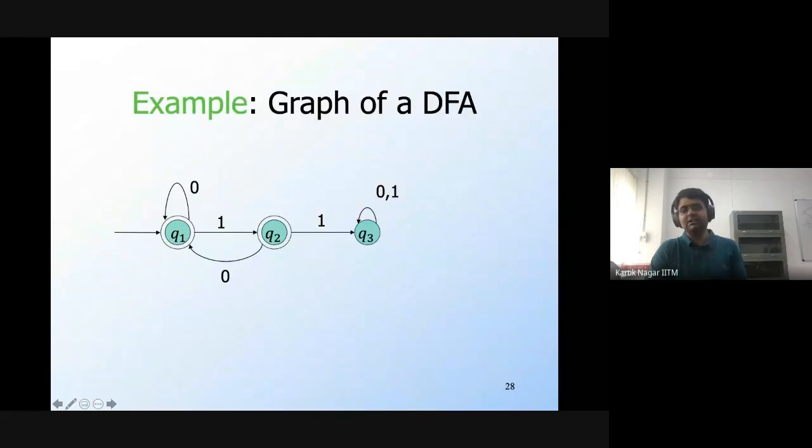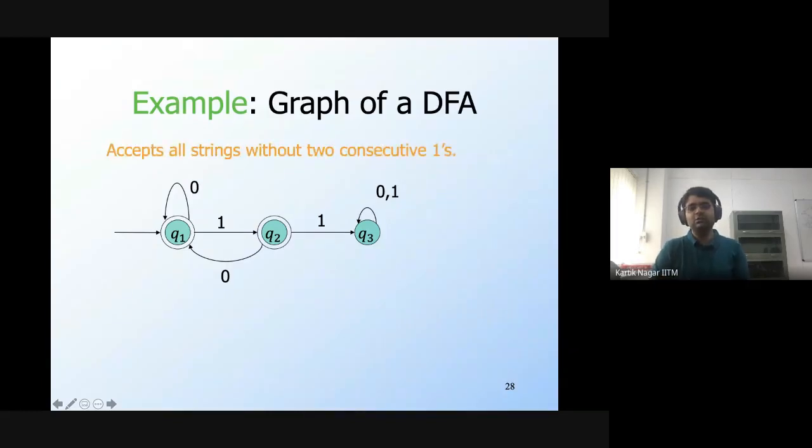If you take a string of any arbitrary length, as long as it has consecutive ones, those ones are going to take you to the state Q3, and from there you cannot proceed. You will remain in Q3, which means such a string will not be accepted. So this DFA is basically accepting all those strings which do not have consecutive ones in them.